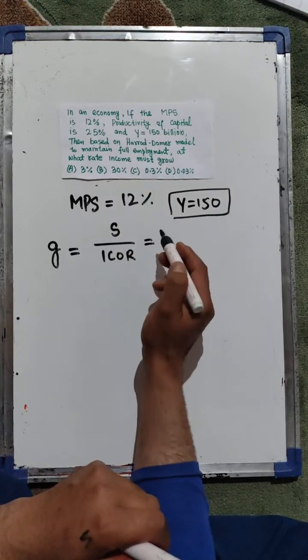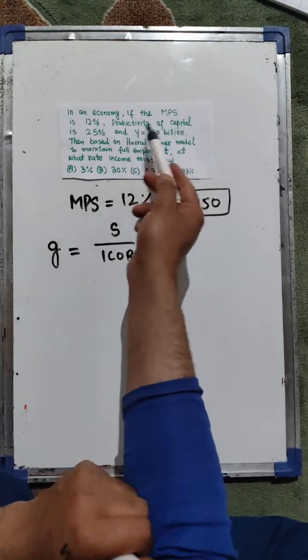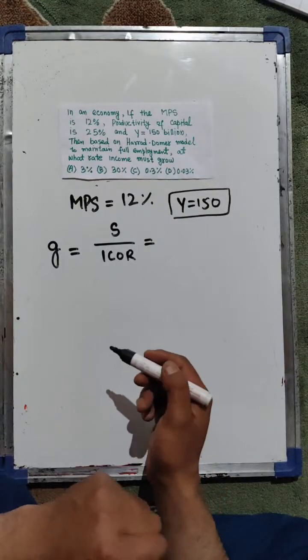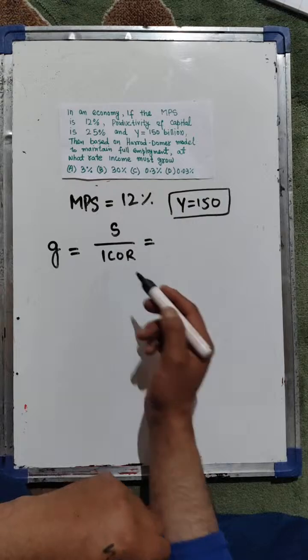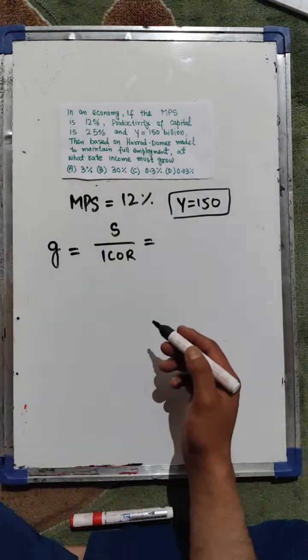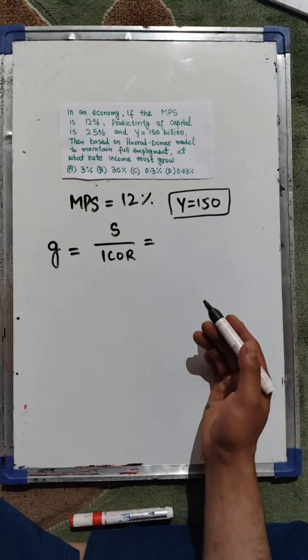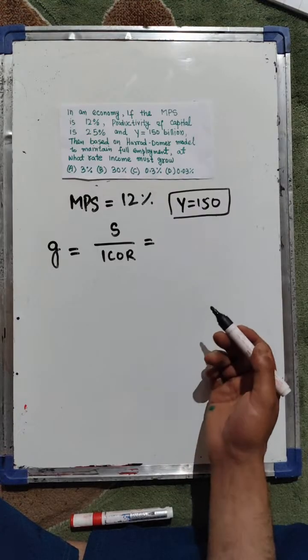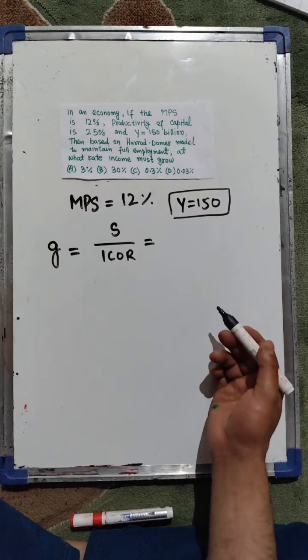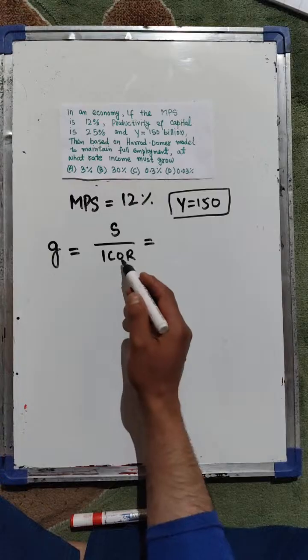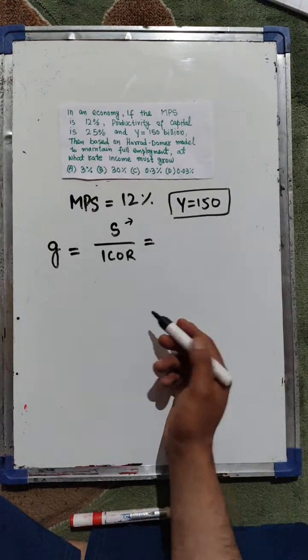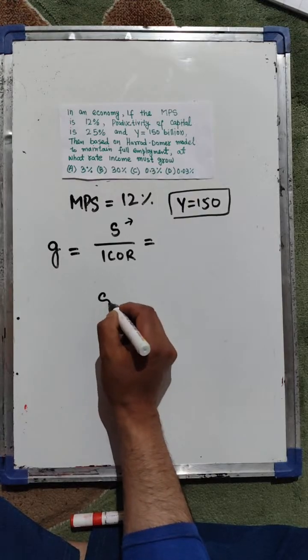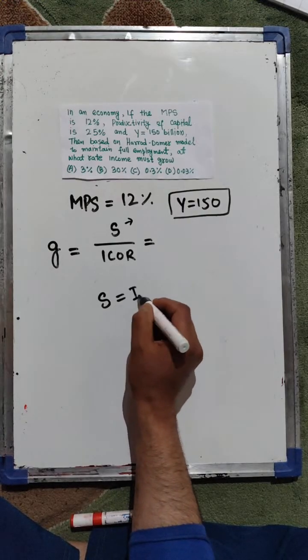Now here we are told that the productivity of capital is 25. So what is the capital output ratio? The incremental capital output ratio shows us how many units of capital are used to produce 1 unit of output. The basic assumption of the Harrod-Domar model is that savings is equal to investment.